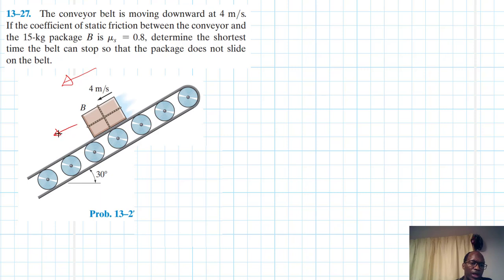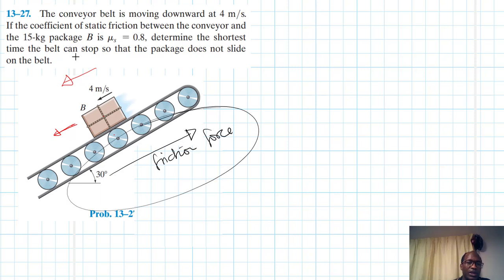So it will tend to continue in this direction, but what will prevent this box from continuing will be the friction between the box and the conveyor. So therefore our friction is supposed to be in which direction? This direction, right? This will be the direction of our friction force. Is that fine? Great.